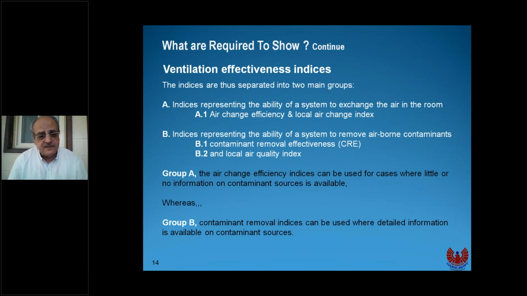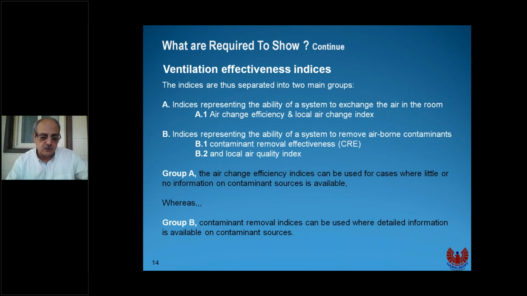Now we have the last point in the empirical correlations that we can use to assure our designs, the ventilation effectiveness indices. And these are two groups. Group A, the air exchange efficiency indices, can be used for cases where little or no information on contaminant sources is available.